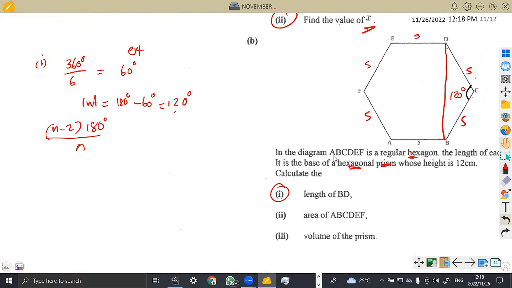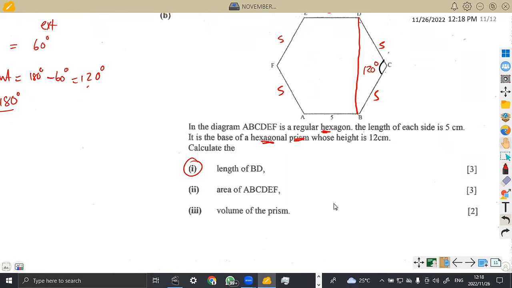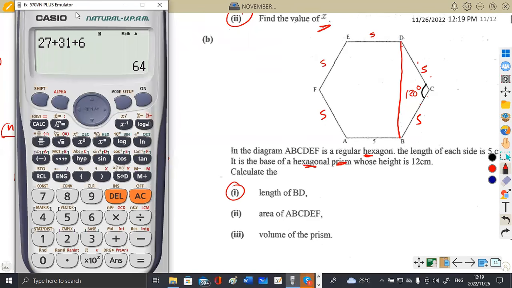So since we have 120 degrees and we want to calculate BD, that means we can use the cosine rule, just like what we did in the previous question, because we've got two sides and an angle. So therefore, BD squared is going to be 5 squared plus 5 squared minus 2 times 5 times 5 cos of the angle, which is 120 degrees. So that's what you're supposed to have. So guys, you have to calculate each part separately, just like what we did.